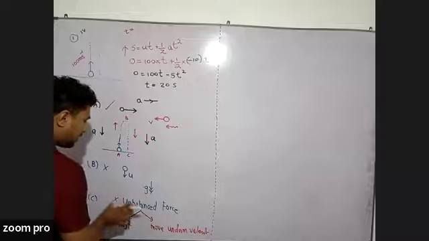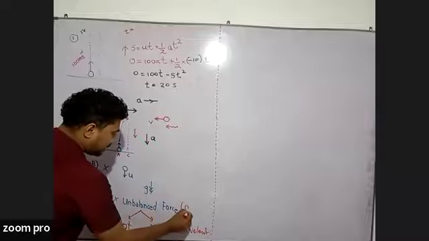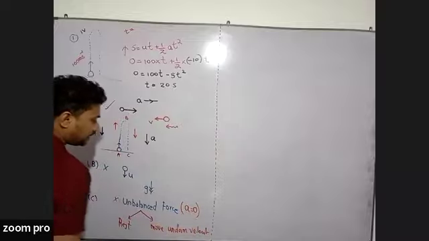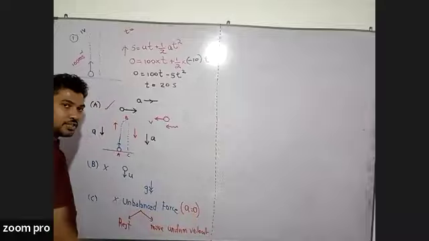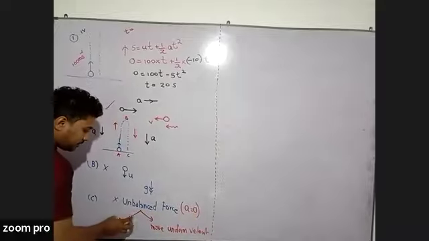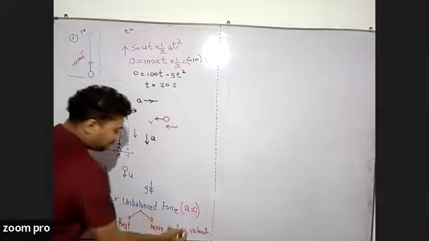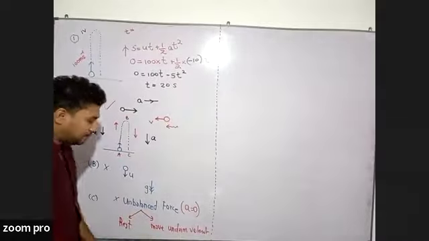That means there is no unbalanced force, meaning that the acceleration is zero. So even though acceleration is zero, the object can be at rest or it can move at constant velocity.